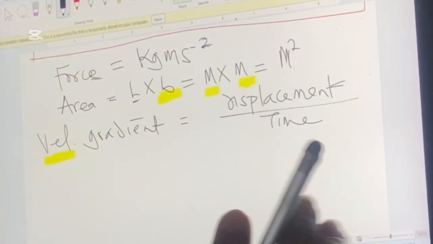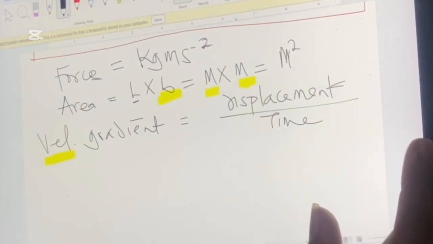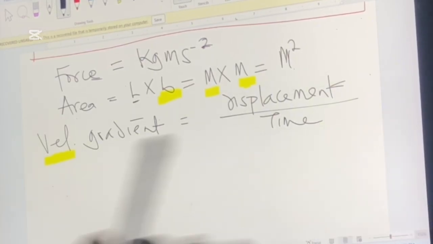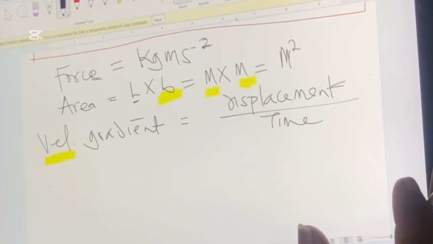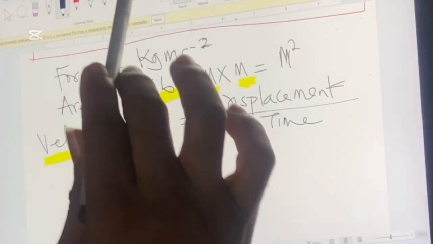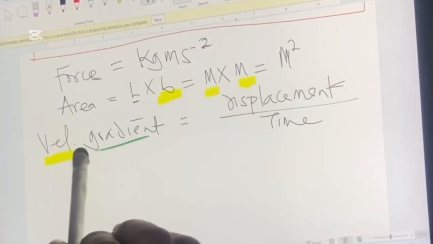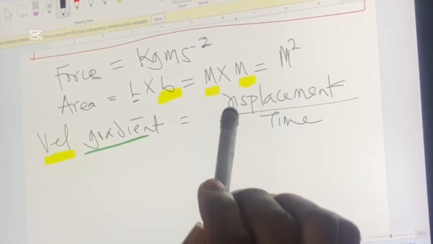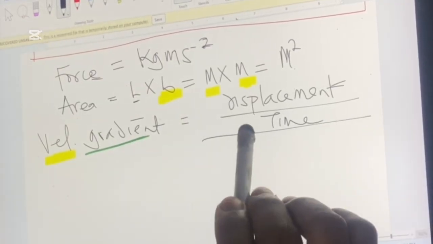Now the word gradient means that the formula or the quantity is divided by length. Please take note. Anything attached to gradient means that that particular formula is divided by length. So because of this word gradient here attached to velocity, I will divide the formula by length.